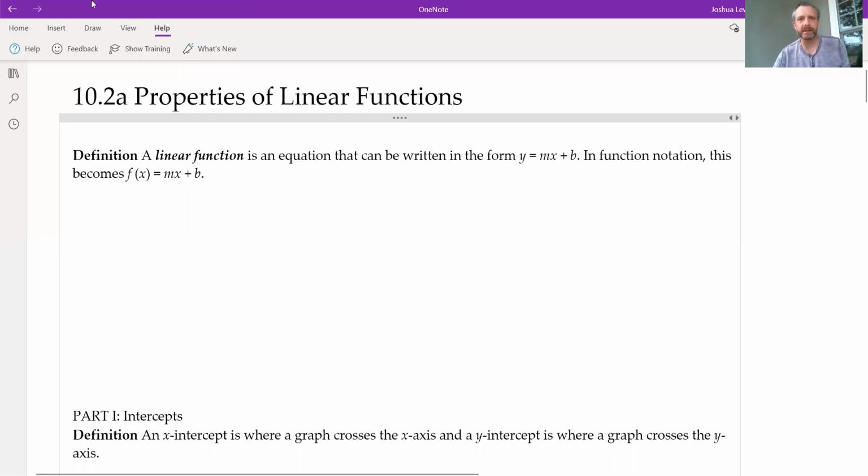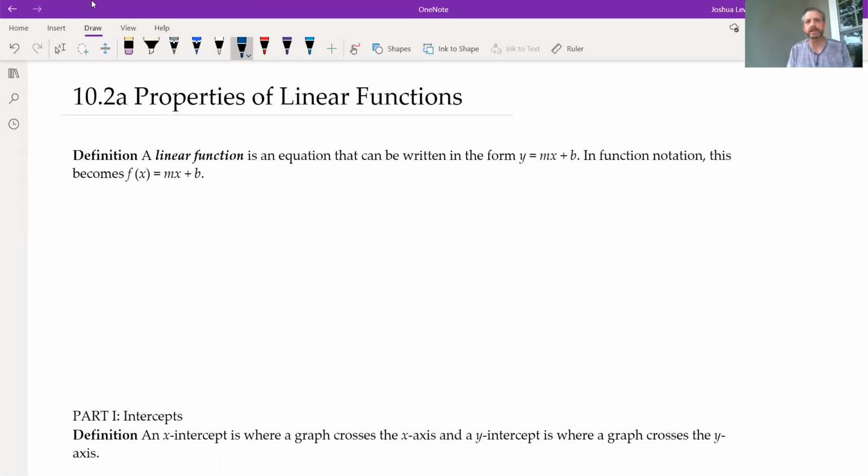So what do I mean by a linear function? Well, it's a function that can be written in this form, y equals mx plus b, but I want to draw your attention to this form as well. f of x, think of it as another name for y.